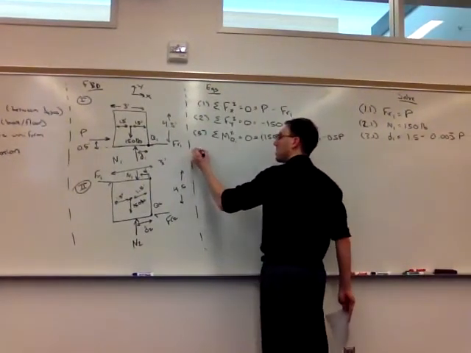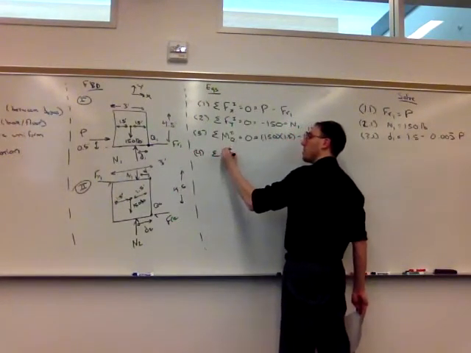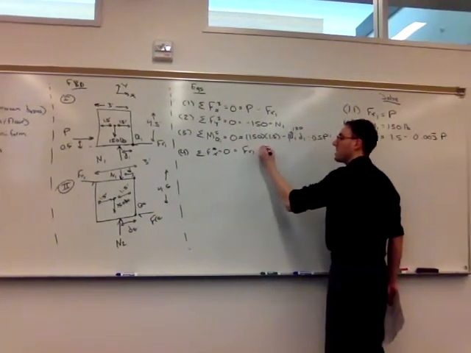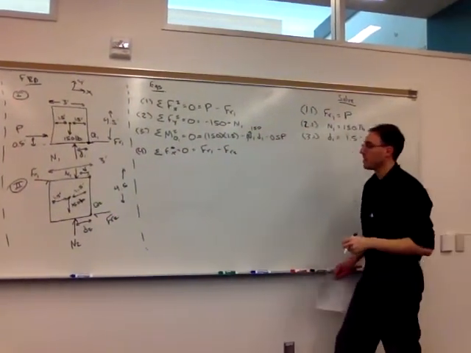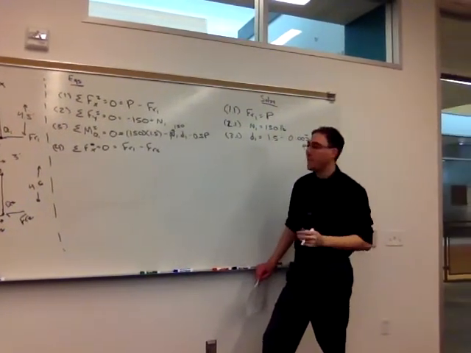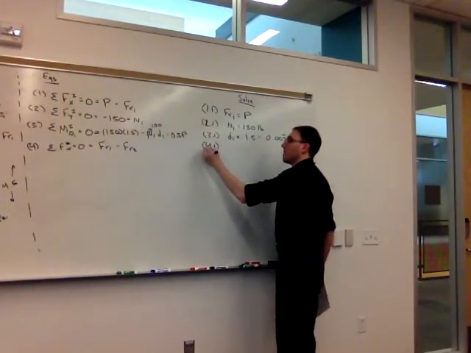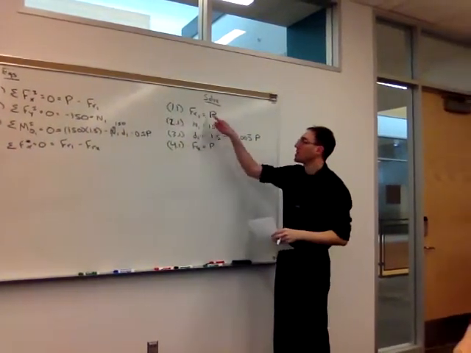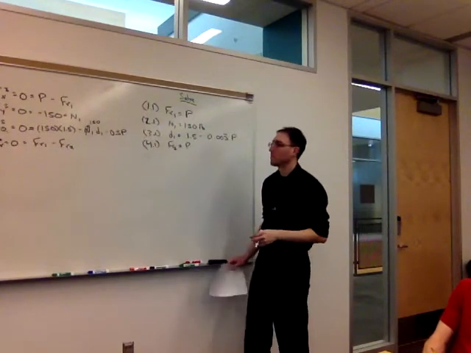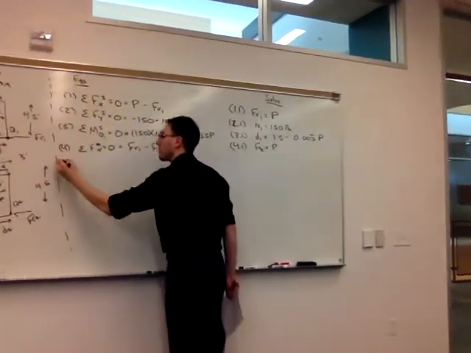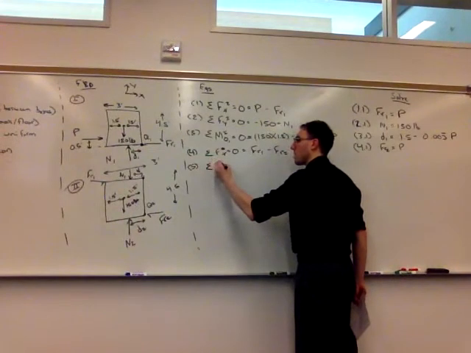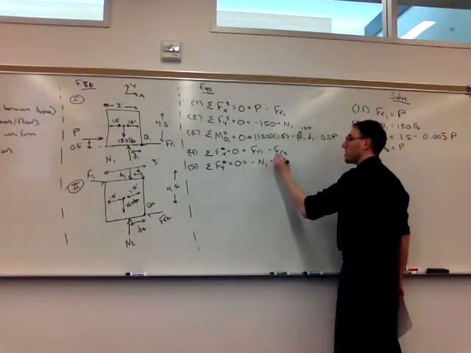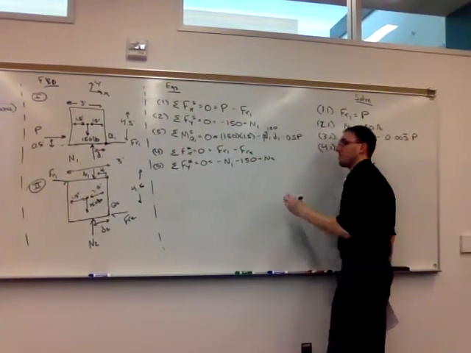So in picture 2, I have the force of friction Fr1 minus the force of friction Fr2, and that's all that's happening in the x direction. Putting everything in terms of P, Fr2, which is equal to Fr1, must also be equal to P. In the y, I have negative N1 minus 150 plus N2.